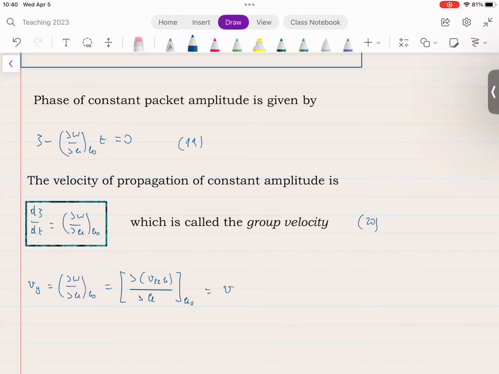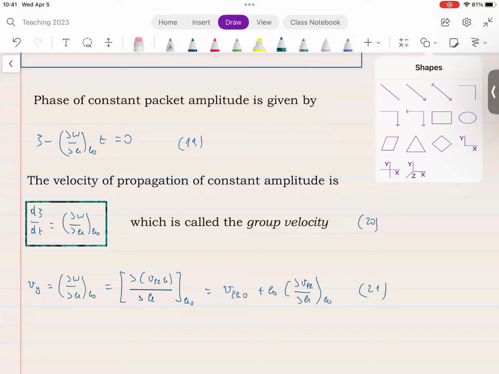And this is v phase at k0 plus k0 times the derivative of v phase with respect to k, calculated also at k0. And let me box this too.